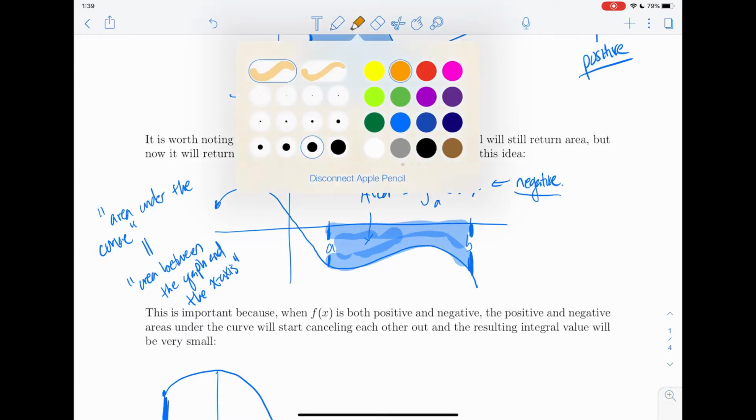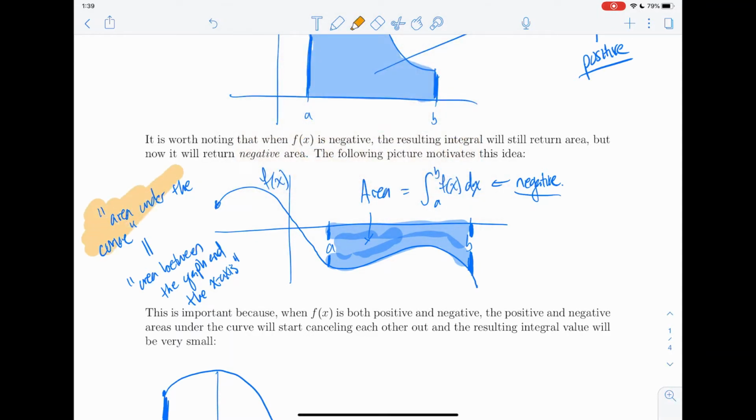This note is actually somewhat important because it might seem confusing at the beginning. I'm going to keep using the phrase area under the curve, whereas in this negative example, there's not really an under. Somehow the under is actually an over. So the area under the curve needs to be interpreted as the area between the graph and the x-axis.